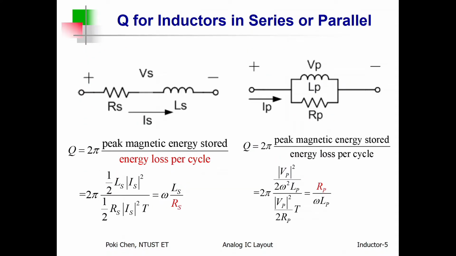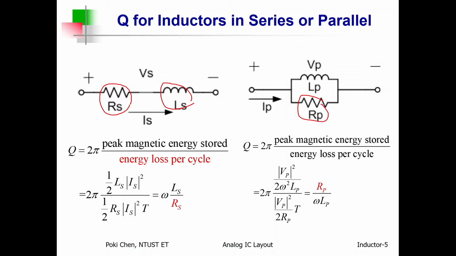All right. This is some kind of simple model for inductor. You can see this is the main parameter for inductance, but you will have some kind of series resistance or parallel resistance.